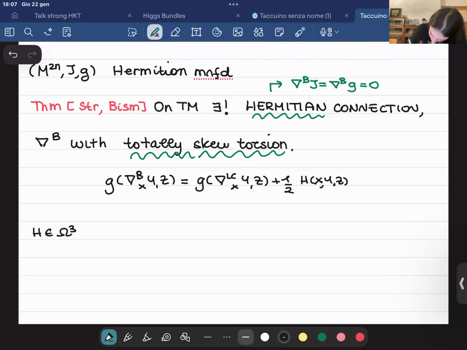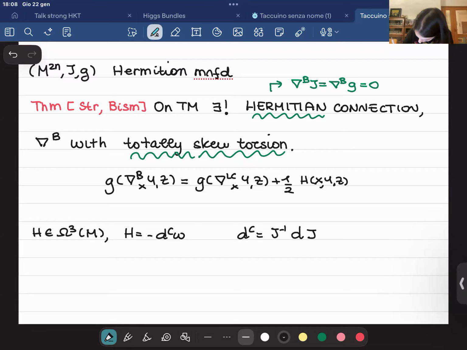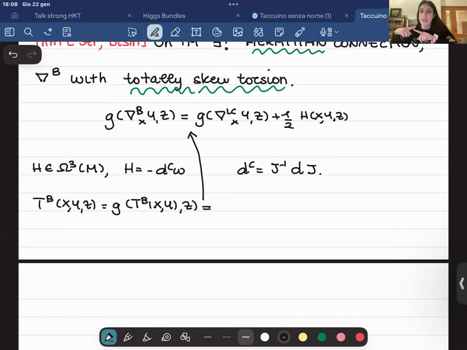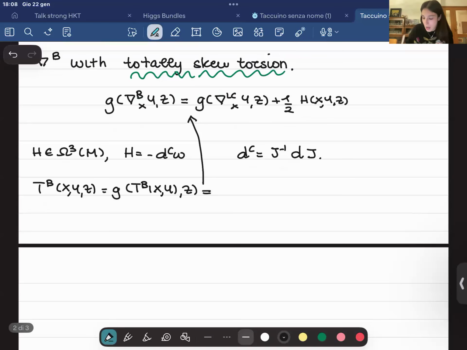H is a 3-form, and it has a really precise expression, since H coincides up to a sign with the d^c operator of omega, and the d^c operator is just the differential conjugated by the complex structure J. If I write down the torsion, using this expression and the fact that the Levi-Civita is torsion-free, it's just a computation that it is precisely H. So in this sense, the torsion is totally skew since it is actually a 3-form.